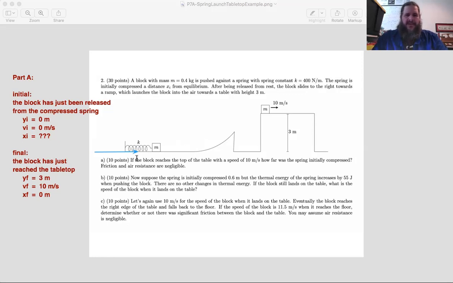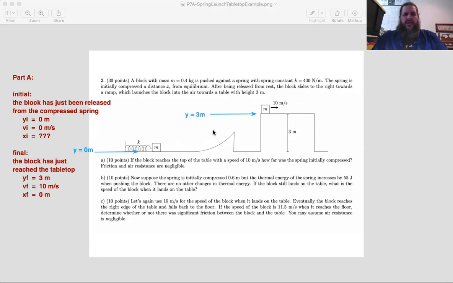And then the tabletop would be how high relative to that? Yeah, that'd be Y equals 3 because it's 3 meters above the location we're calling 0.